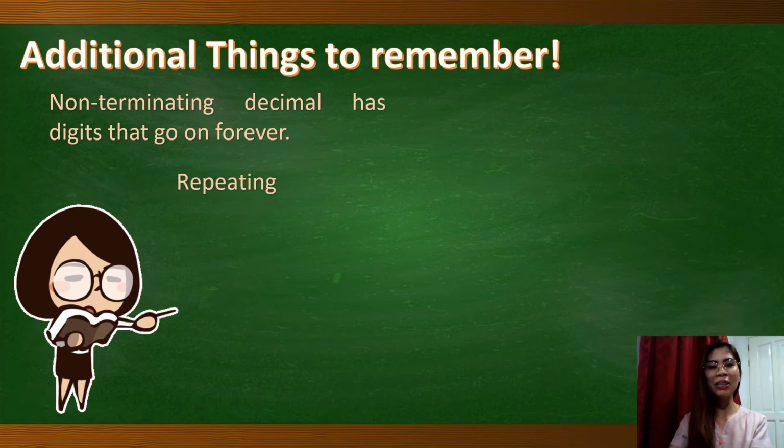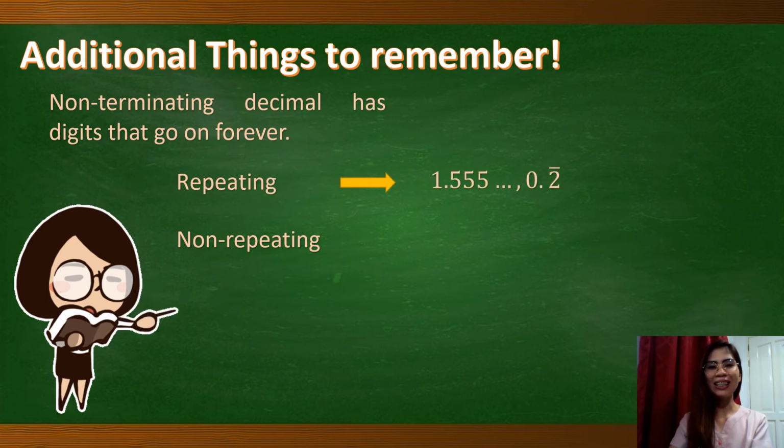Non-terminating repeating decimal has a digit or a block of digits that repeat over and over again without ever ending. Unlike a non-terminating, non-repeating decimal, which continues on and on but does not have a repeating pattern of digits. Therefore, decimals of this type cannot be expressed as fractions and are considered to be irrational numbers.